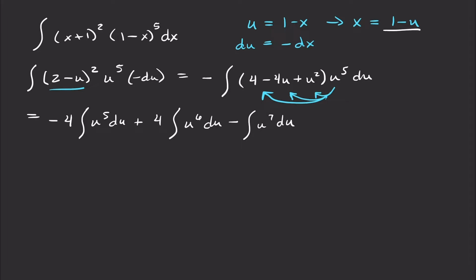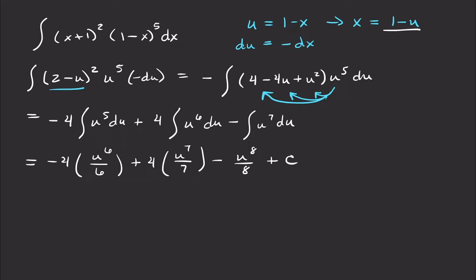And now I can just do each of these one at a time. So this will be minus 4 times, this is going to increase to u to the 6th divided by 6, plus 4 times u to the 7th over 7, minus u to the 8th over 8 plus our constant of integration. And now we can just simplify and plug in.